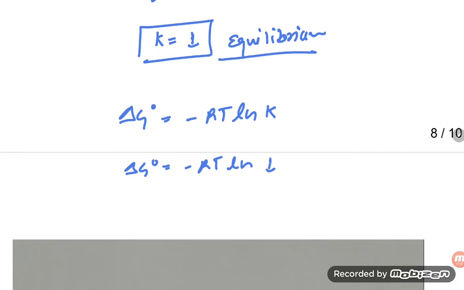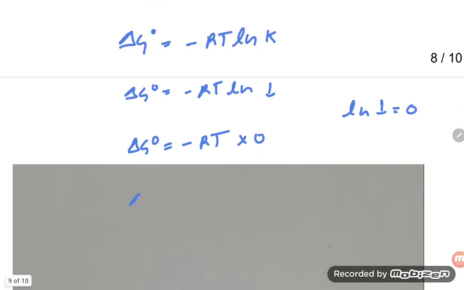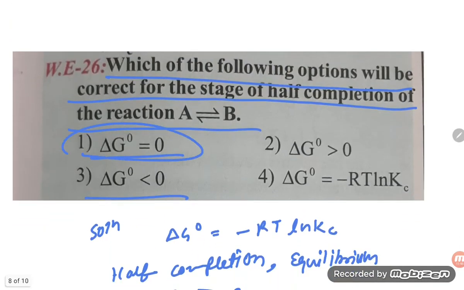So K value is 1 student. Okay, so ln 1 is equal to 0. So delta G naught is equal to minus RT ln 1 is equal to 0, multiply by 0. So delta G naught is equal to 0. So which could be the correct answer? Option number A is correct. Delta G naught is equal to 0.